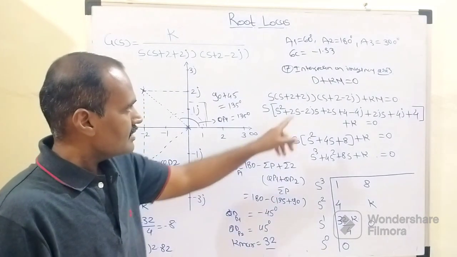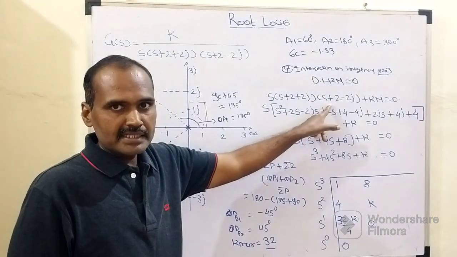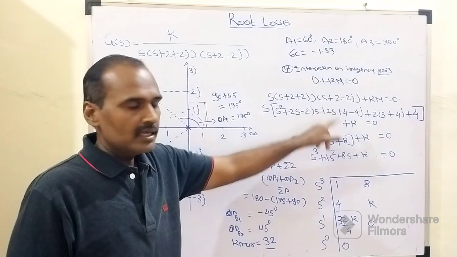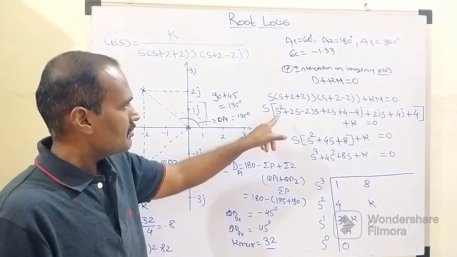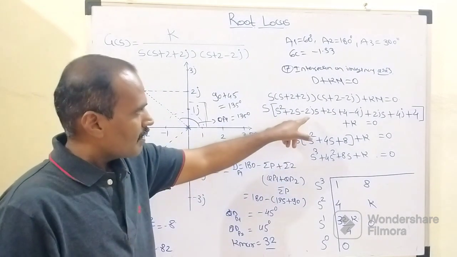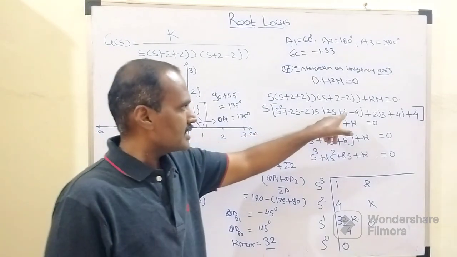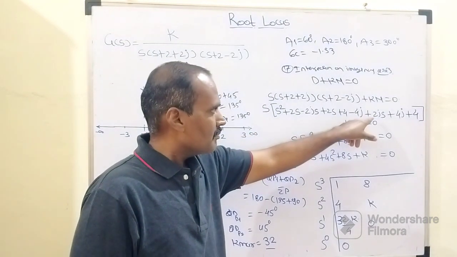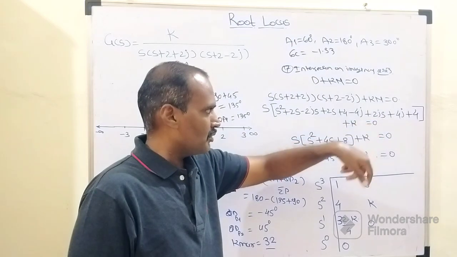Then after that, we simply multiply these two parentheses with each other. As a result of multiplication, it becomes s square plus 2s minus 2js plus 2s plus 4 minus 4j plus 2js plus 4j plus 4.